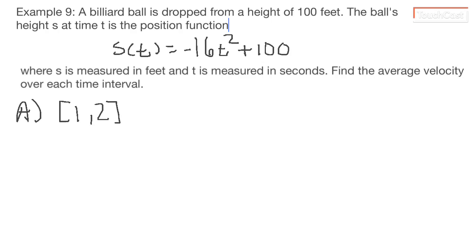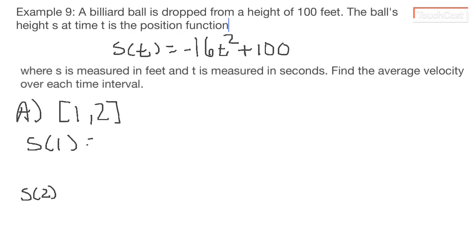So what we're actually going to do is we're going to find the slope of s between 1 and 2. So we're going to have to first find s of 1, and then we're going to have to find s of 2. We need those values.